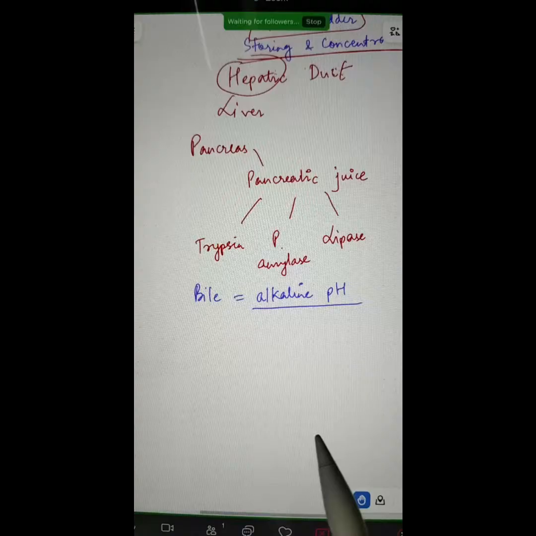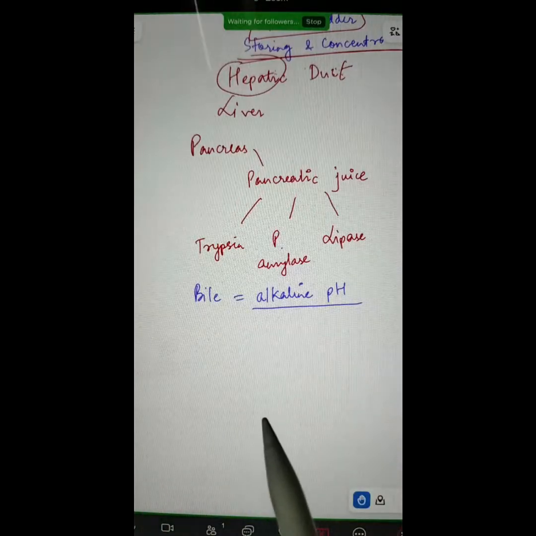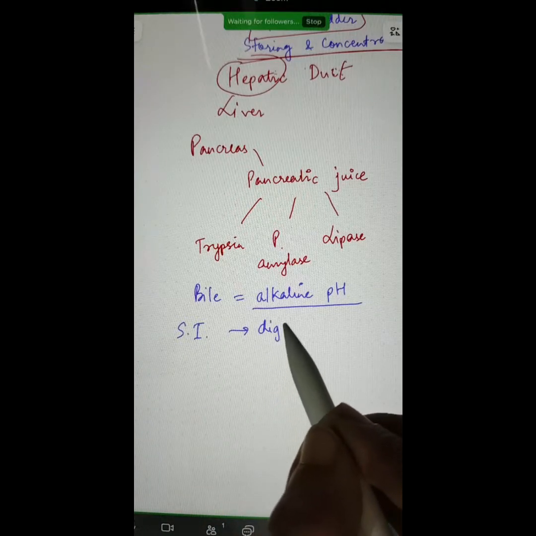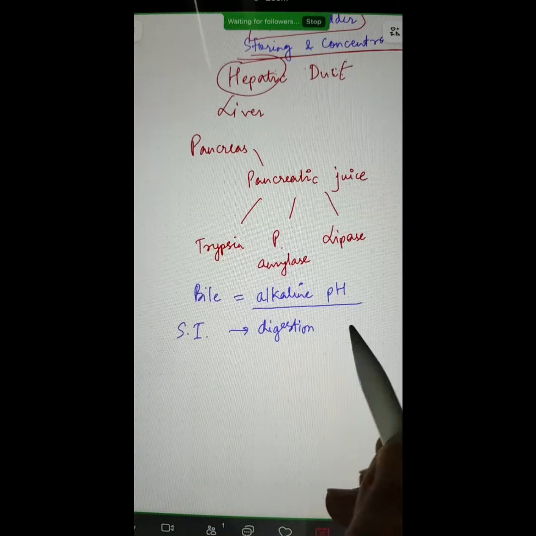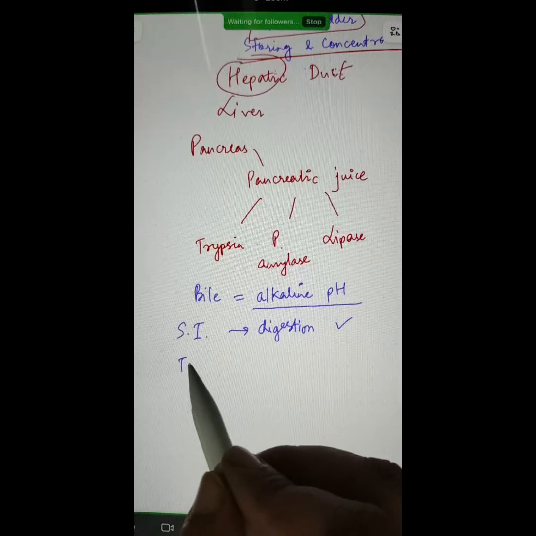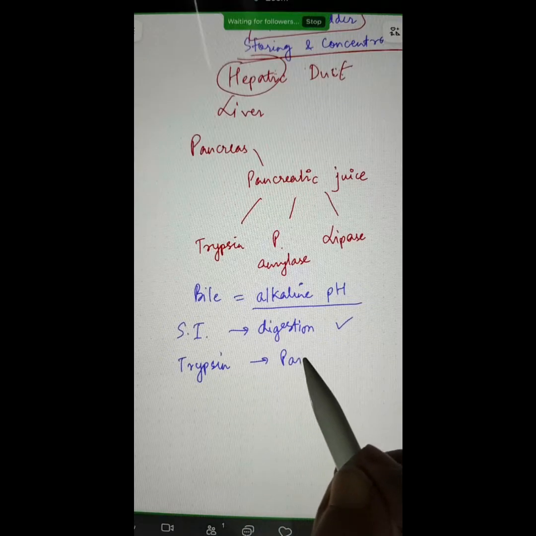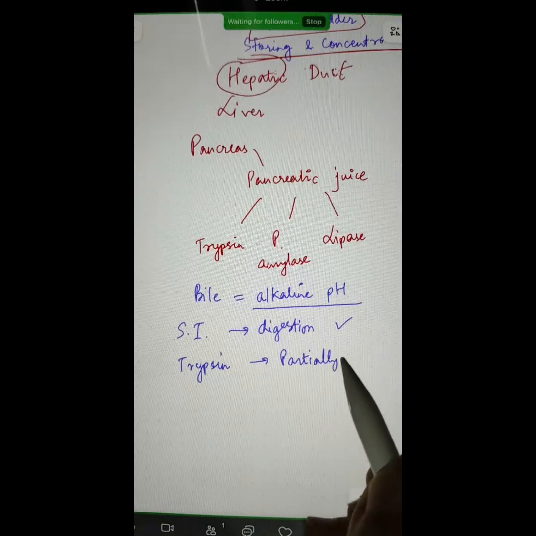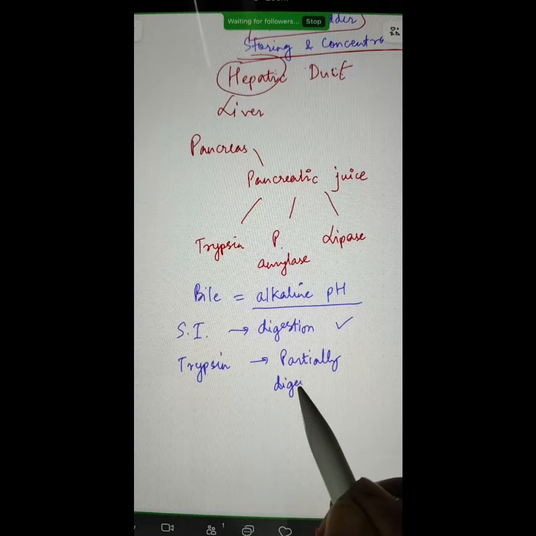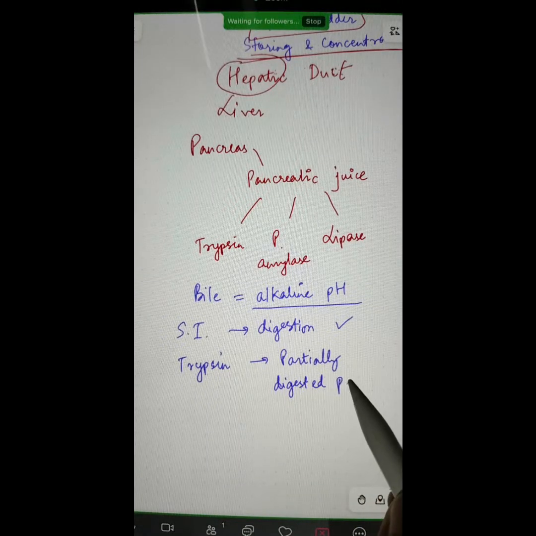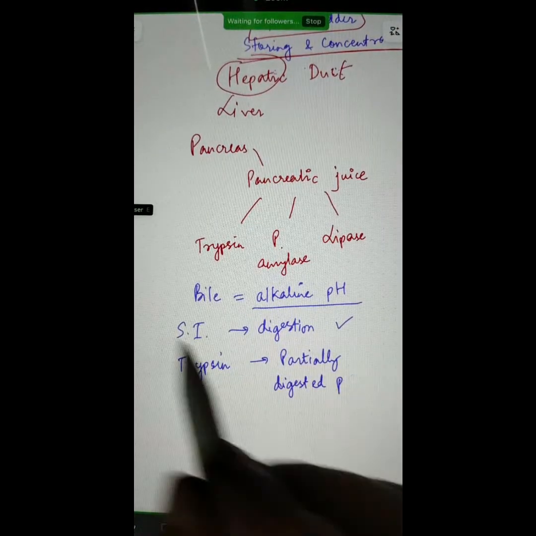Now, small intestine is actually the place where the digestion will get over. So, final digestion will be done here. So, what will happen? Trypsin will act upon the partially digested proteins. Where has the rest of the digestion taken place? Stomach. Okay, so here it is going to be proteins.